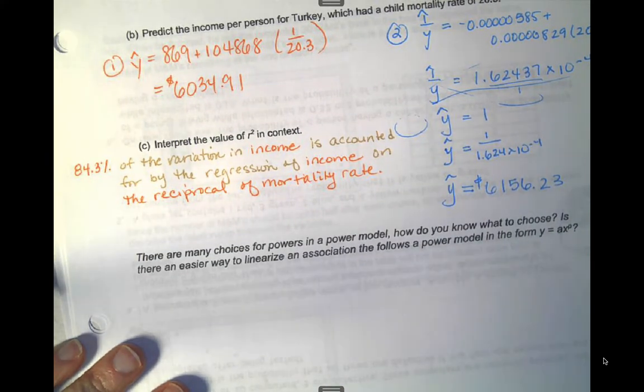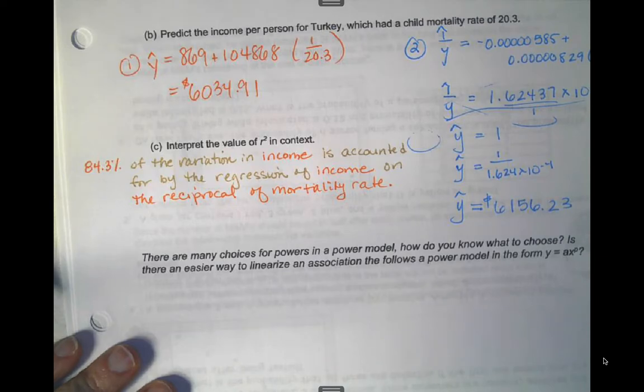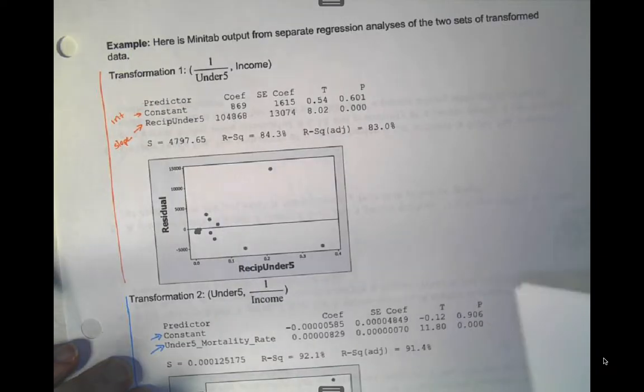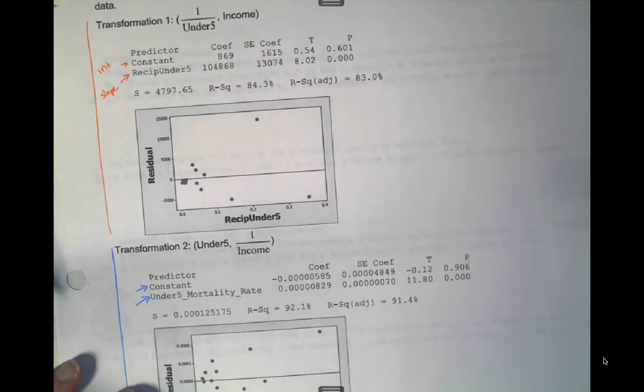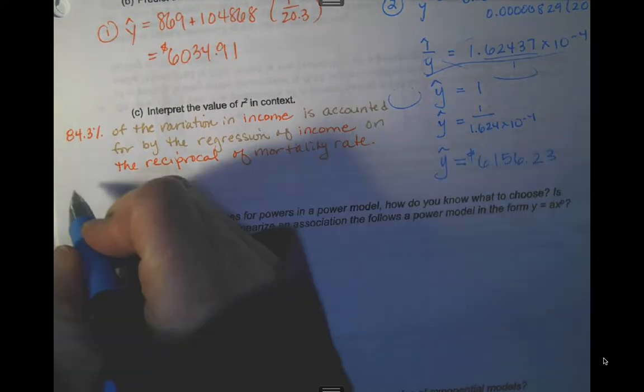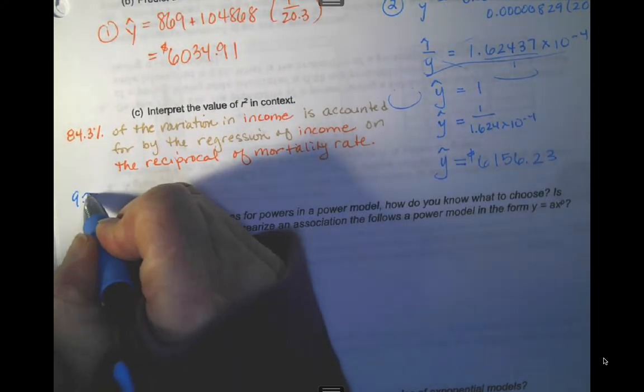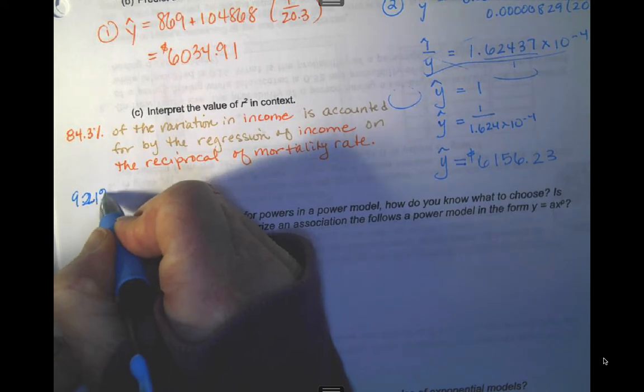And then when I do the other one, the stuff that I wrote in gold is going to stay constant. So the other one is 92.1%.